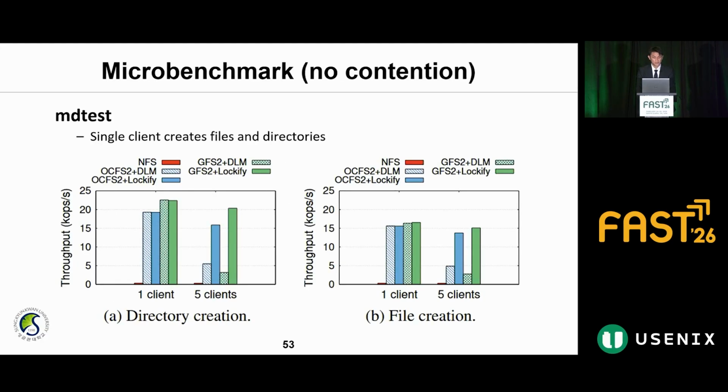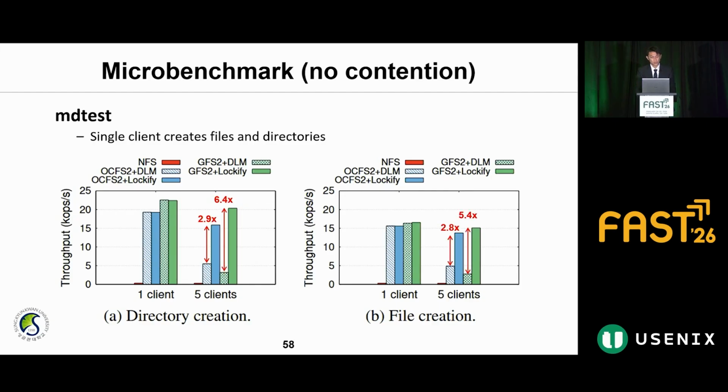How to read the graph? This small red bar is NFS. These striped bars are existing DRM, and this colored bar is our Lockify. Since there is no reason to use a single-client shared disk file system, you can consider this result as ideal performance. And you can check our performance gain in these 5 clients results.